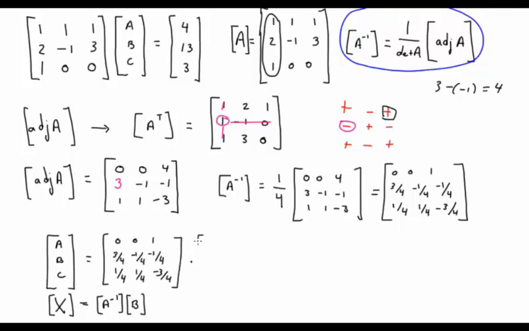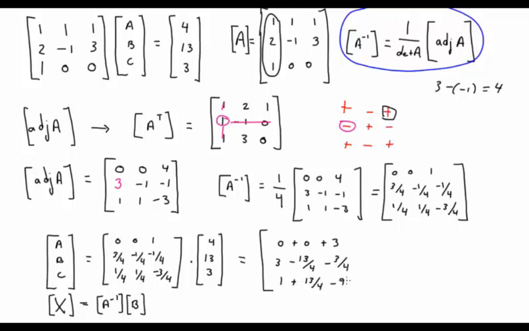And we're going to multiply that by the matrix of solutions or constants, a little bit of matrix multiplication, and we get 0 plus 0 plus 3. Then we're going to get 3 minus 13/4 minus 3/4, and then the last entry is going to be 1 plus 13/4 minus 9/4.